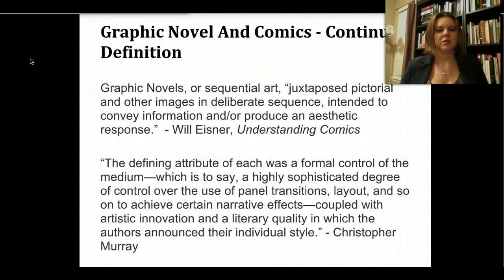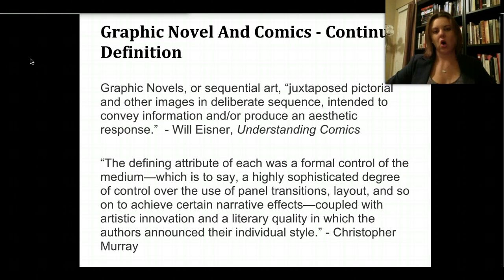So what he means by panel transitions: in a graphic novel or in a comic, we get illustrations in boxes that then go in sequence. So those are called panels. Okay, and between those panels and how they transition between each other and the layout of each page within the graphic novel create certain narrative effects that then work to create an overall comprehensive narrative.